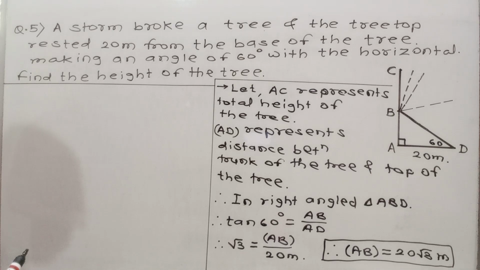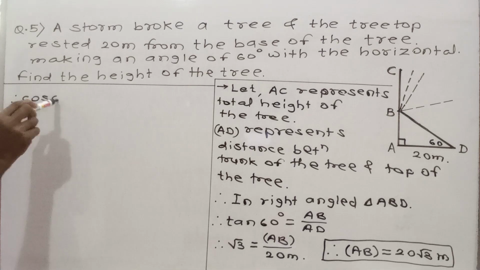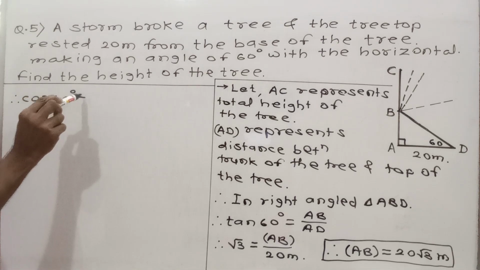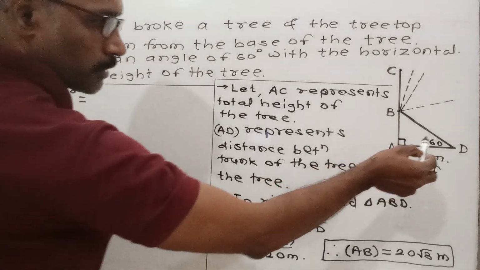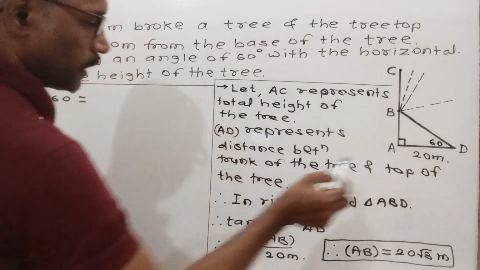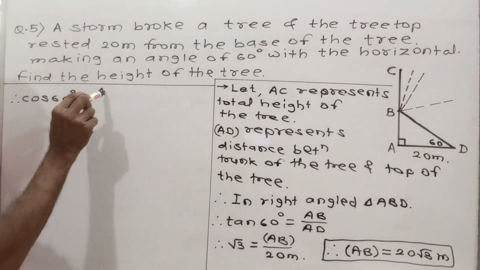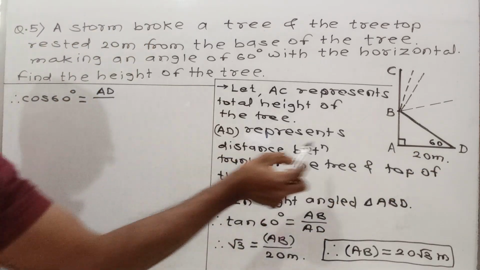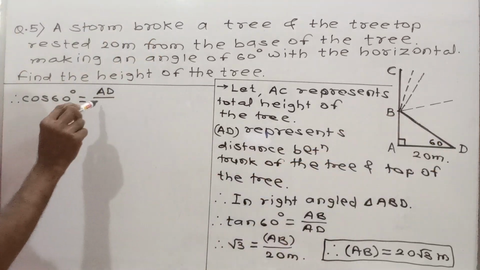Did you understand? Then we use cos 60. See here, therefore cos 60 degrees means adjacent side upon hypotenuse.